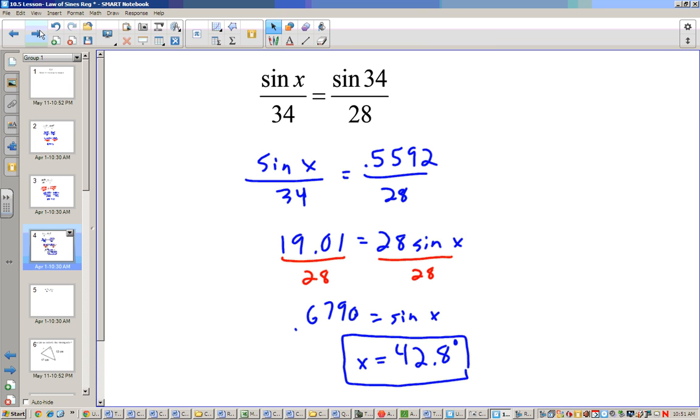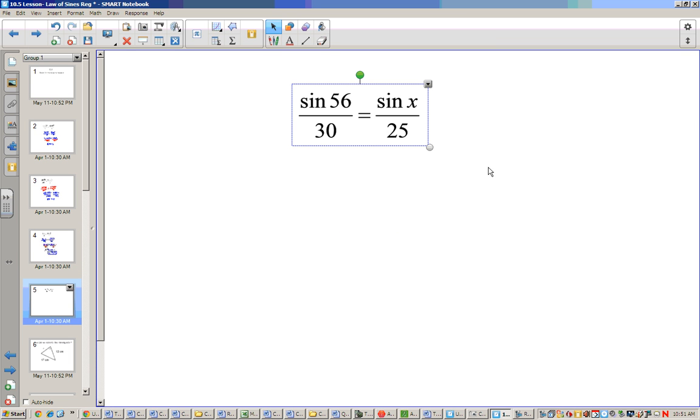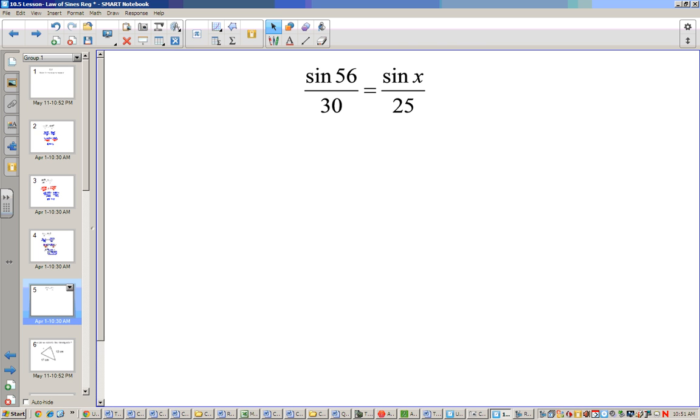Let's try one more. Now, if I want to find this value for x, first thing I'll do is find the sine of 56. That's 0.8290 over 30 is equal to the sine of x over 25.